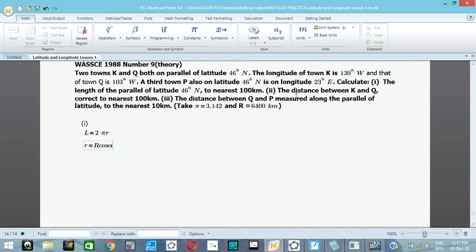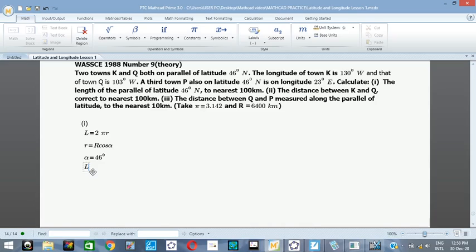Alpha is the latitude on which it's standing, which is 46 degrees north. Alpha is always the latitude on which the point is standing, and that is 46 degrees. Then capital R is already given. With this, we can calculate our small r, put it here and get our length of parallel of latitude, and that is all.